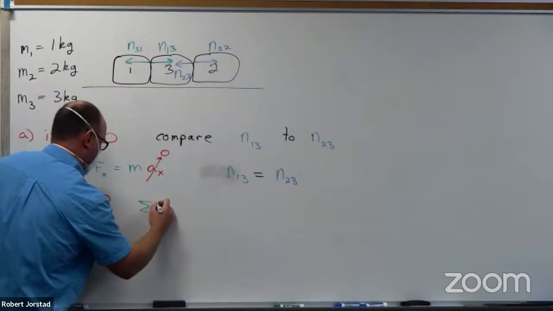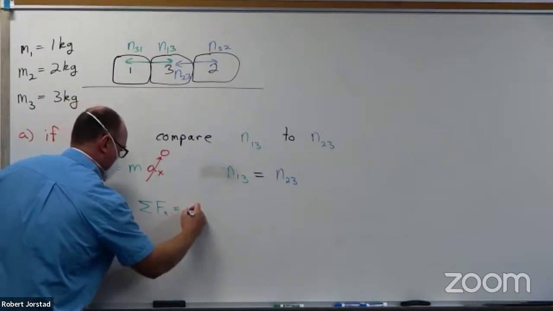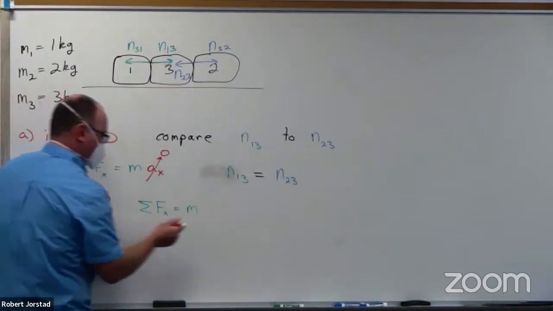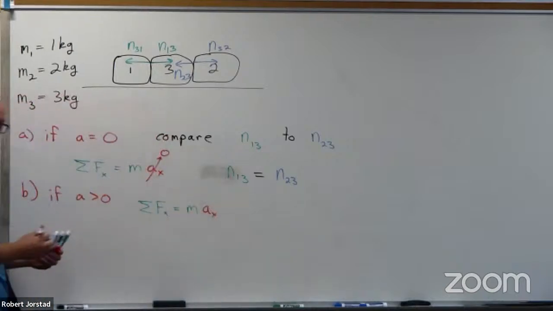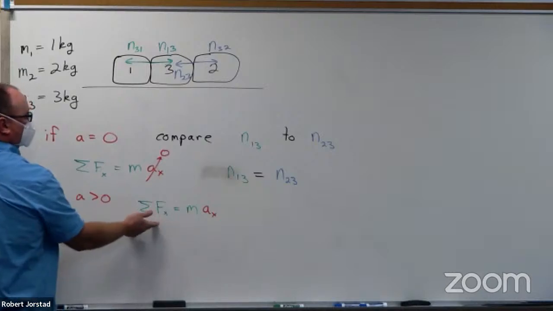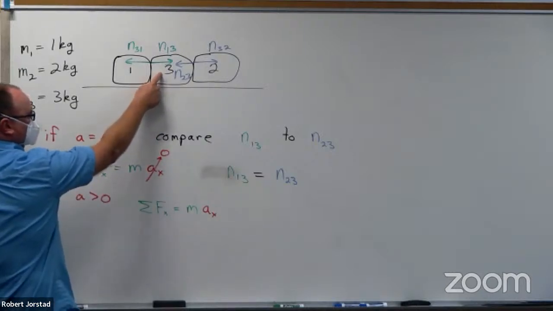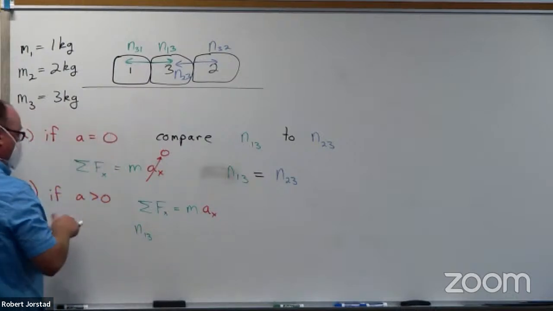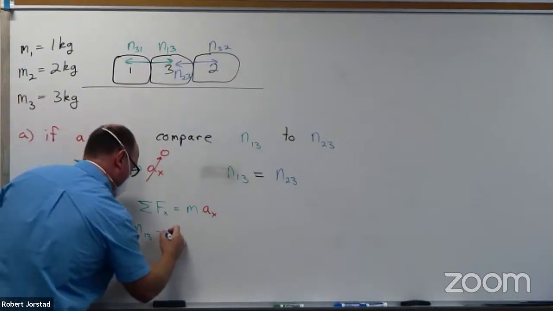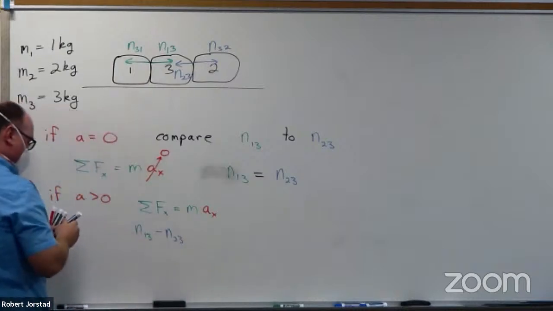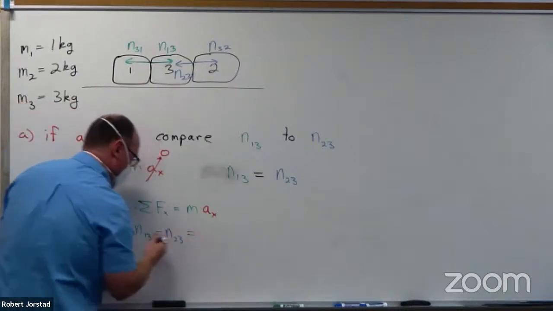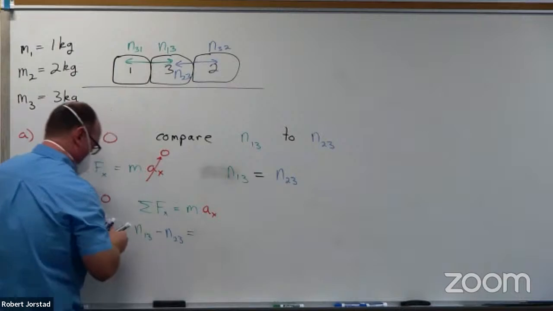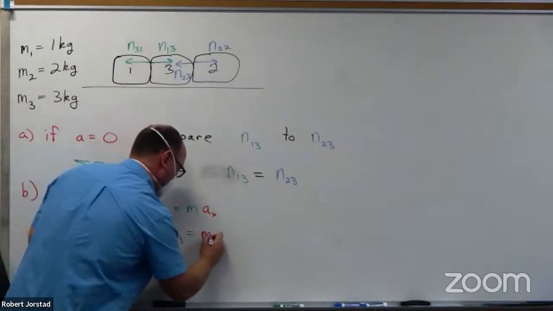If the sum of forces in the x direction is equal to m a, and a sub x is bigger than 0, well, I could look at the sum of forces here on 3. I get N13 minus N23 equals some positive number, let's say m a x.